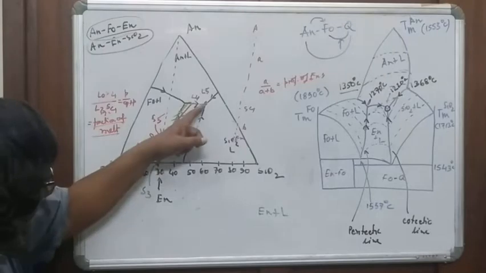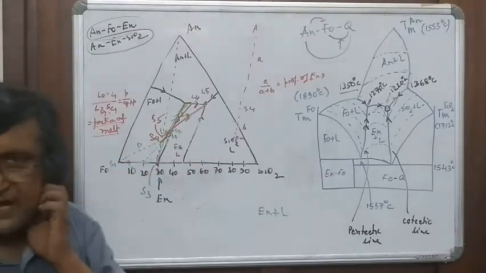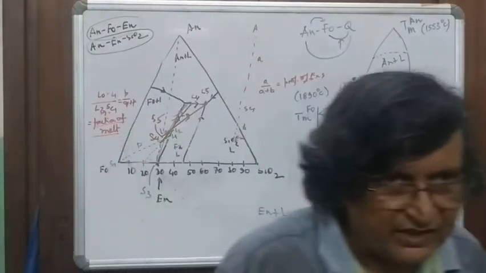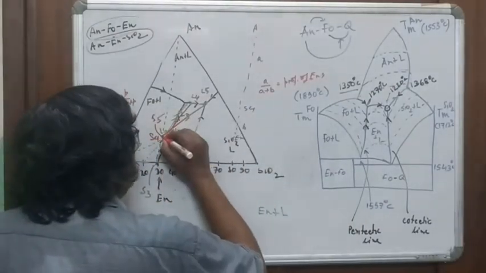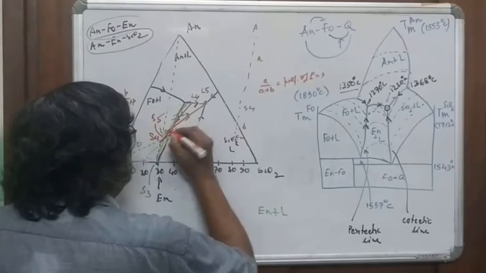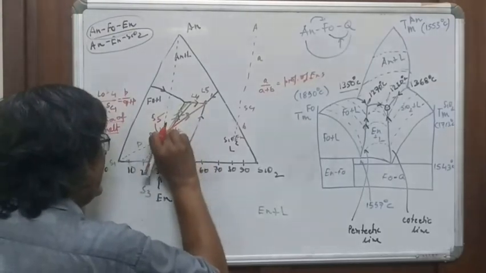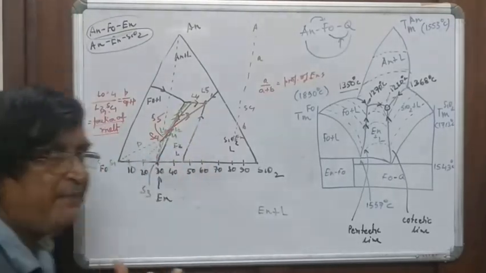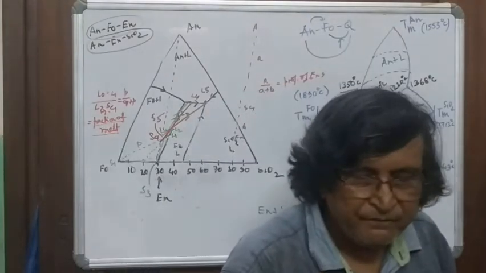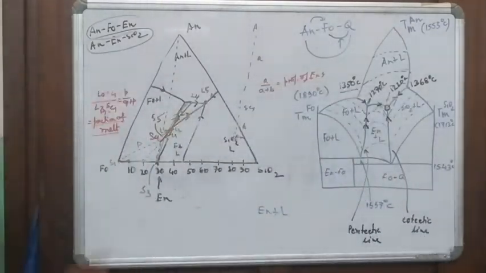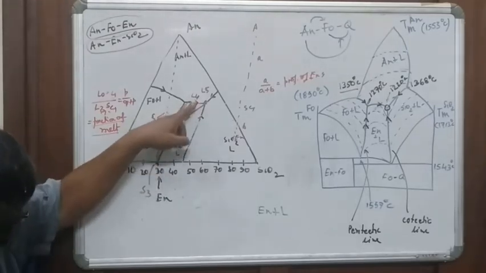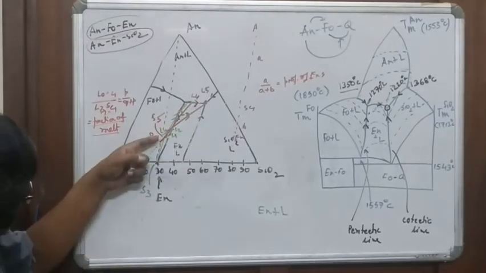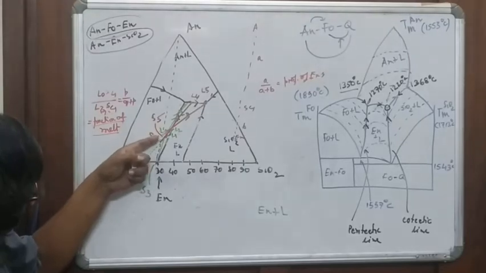And when you do this, now your liquid has become immobile at the eutectic. And therefore subsequent solid will move towards L0 so that P divided by P plus Q will become equal to 0. Have you understood? So that at this point S4, with more crystallization, this S5 will move towards L0.